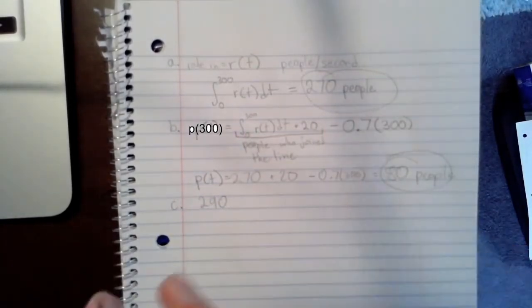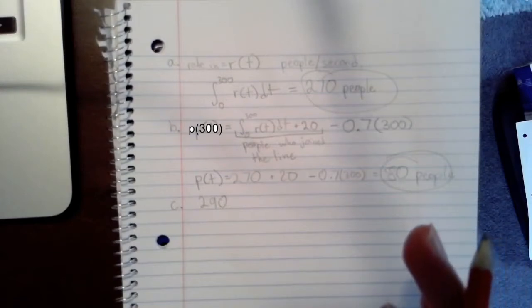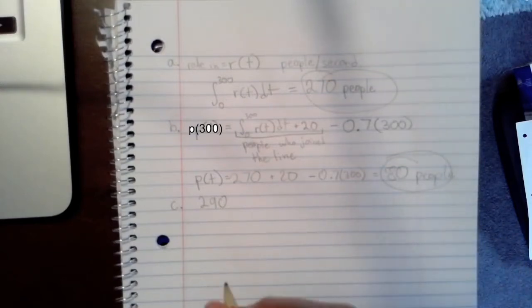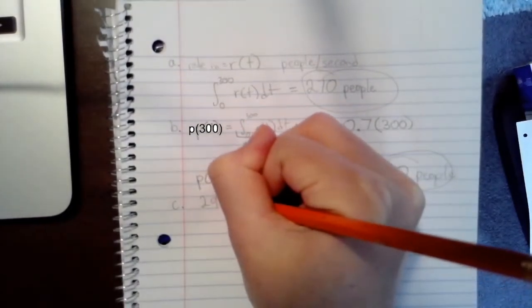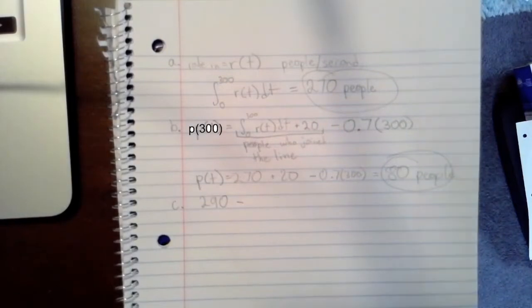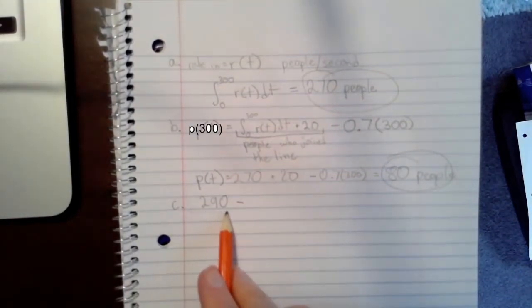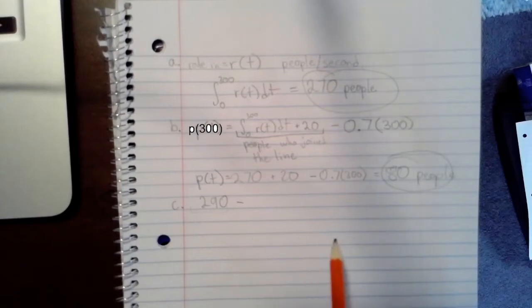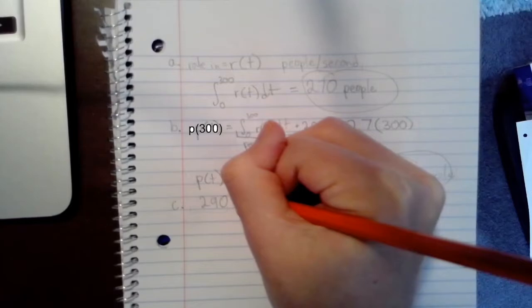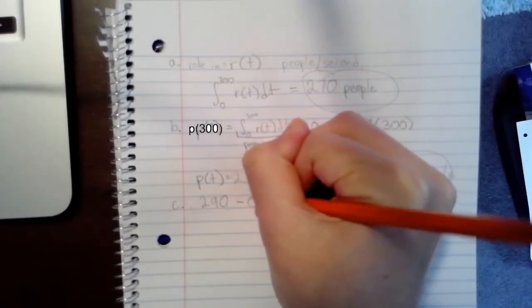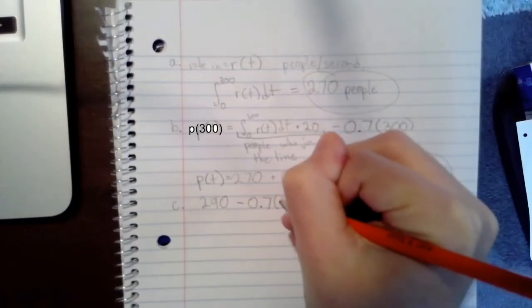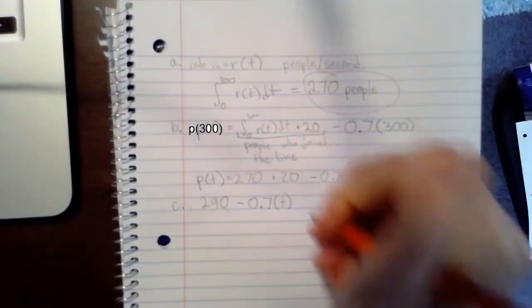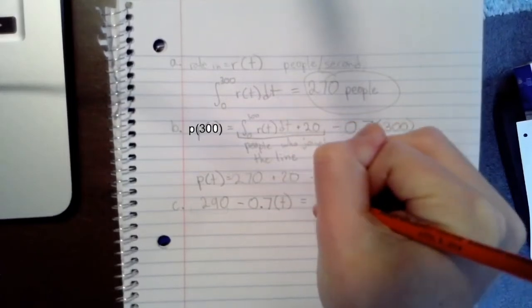So then I need to subtract from my number of people coming in the number of people going out, which is going to be our rate out of 0.7, but we don't know our time. That's what we're trying to figure out. And we're going to set this equal to 0.